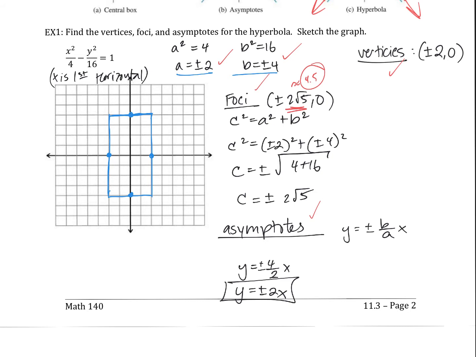Next thing, what do we do? The asymptotes. I'll go ahead and graph those in green. Those will be y equals negative 2x and y equals positive 2x. So those go smack through the corners. So down 2 over 1, down 2 over 1, down 2 over 1. There we go.